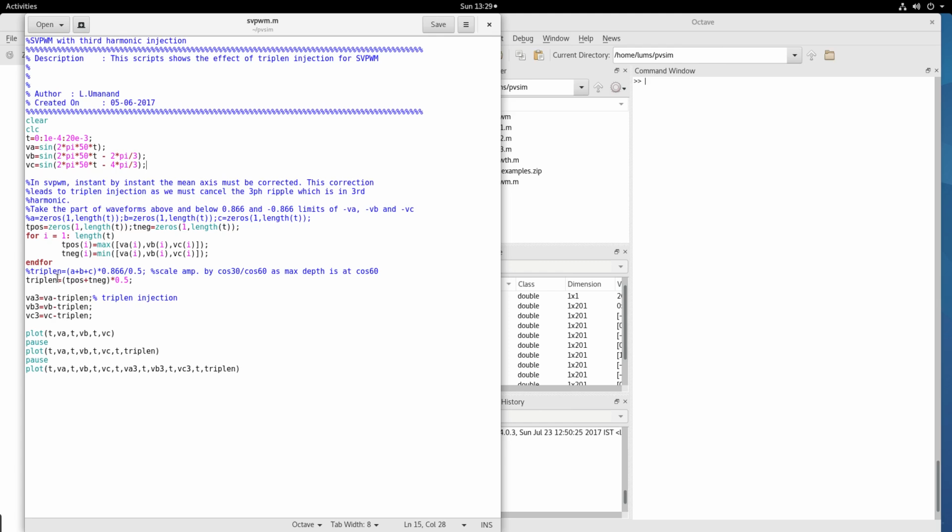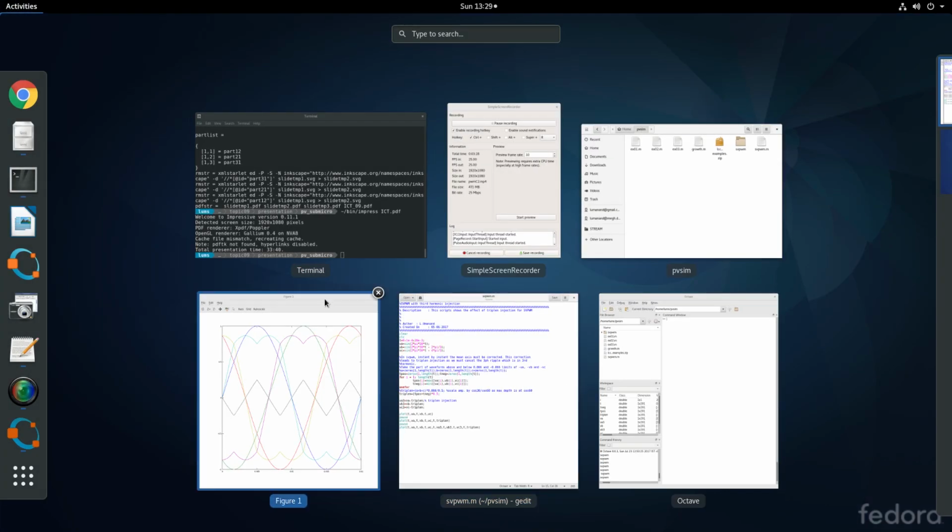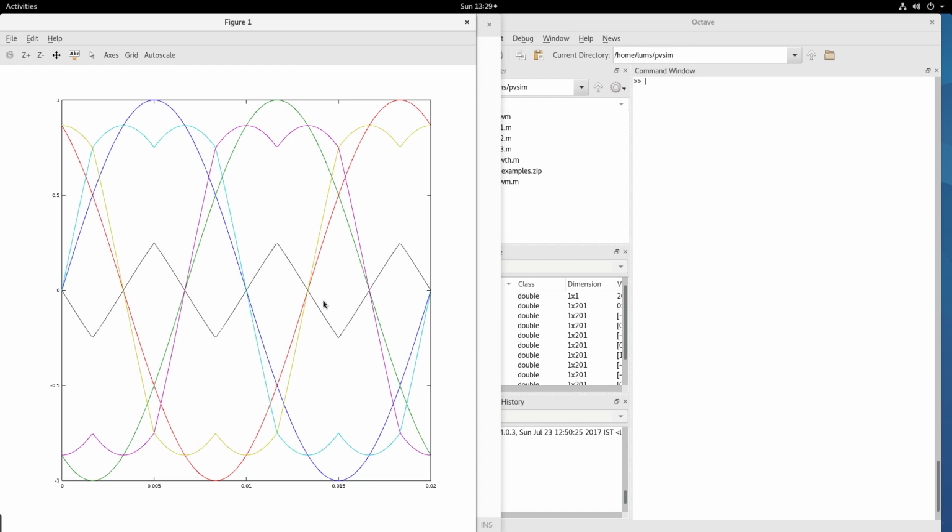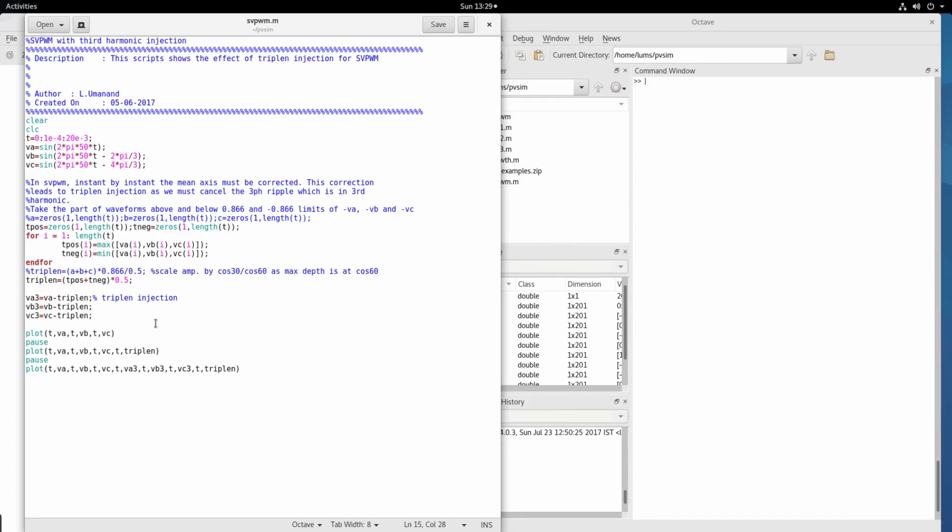The triplen I add is the average of these two, T positive plus T negative divided by 2, which is the triplen wave shape we saw here. This I subtract from the original sinusoidal modulating wave shape. The triplen injected VA3 is VA minus triplen, VB3 is VB minus triplen, VC3 is VC minus triplen.